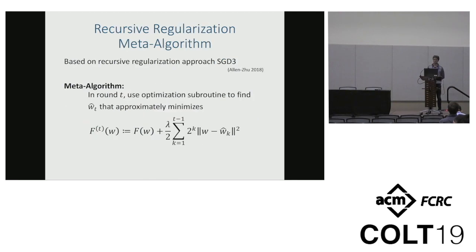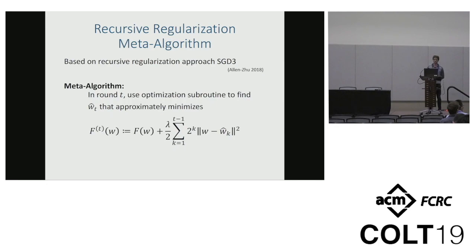Okay, so let me give you a quick idea of how our algorithms work. They're inspired by the SGD3 algorithm from Allen-Zhu, and it takes a recursive regularization approach. The foundation is this meta-algorithm where we construct a sequence of subproblems by augmenting the objective with a series of increasingly strong regularizers that are centered around approximate solutions to the previous subproblems.